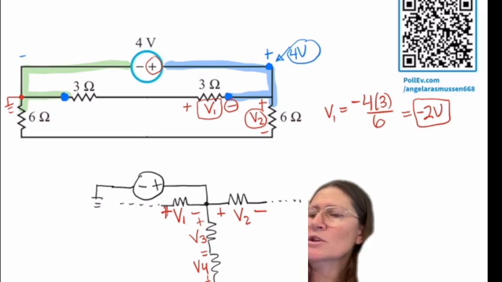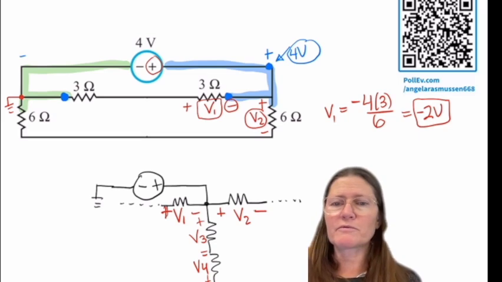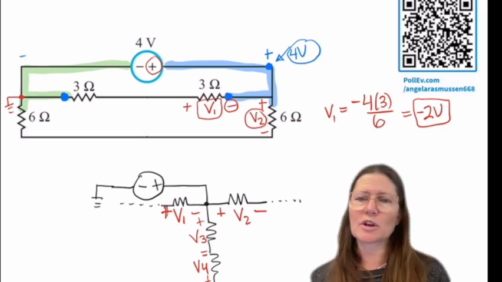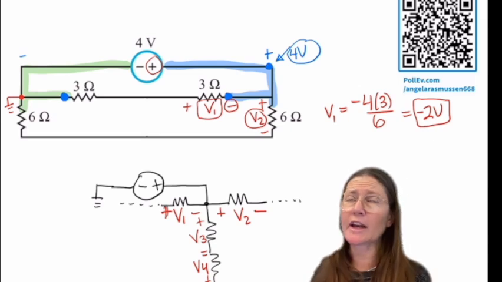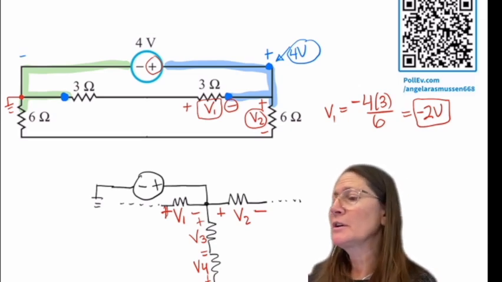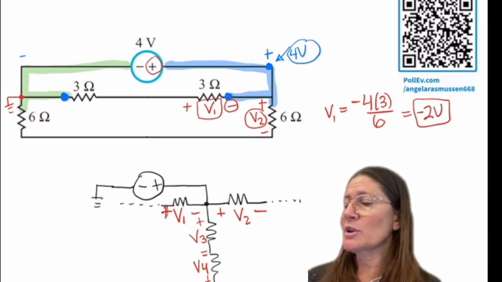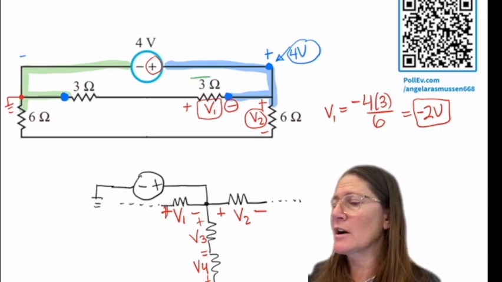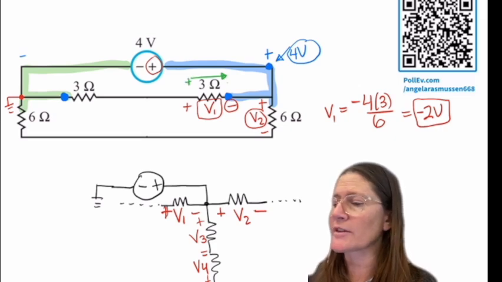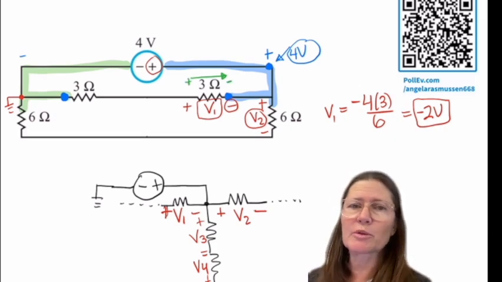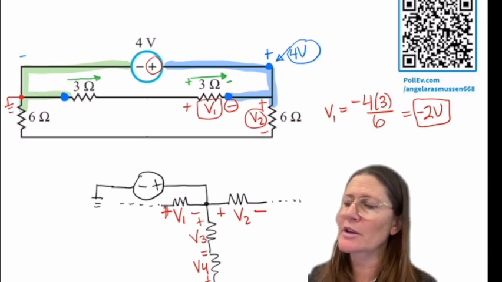The other way to do this, if you didn't notice it was an actual voltage divider, is that you could do a KVL loop, and you would label the current whichever direction you want. I'm going to label it the same direction as this was already labeled, so plus to minus going in this direction.